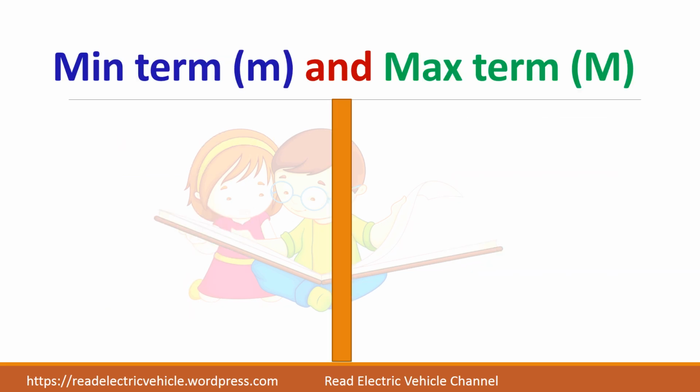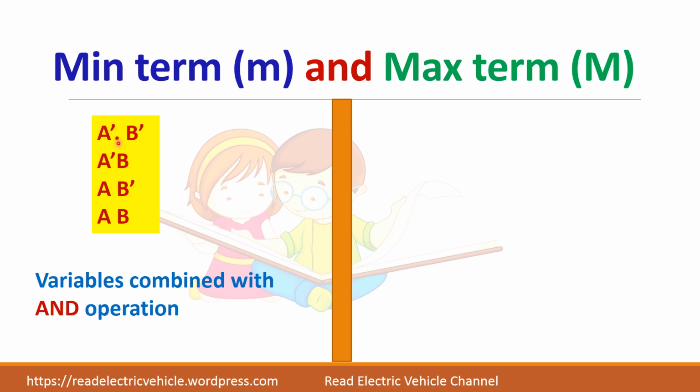Next we'll come to the important topic, minterm and maxterm. We have seen that for a 2-variable input there are 4 different combinations: A dash B dash, A dash B, A B dash and A B. Here you can note that I have used a dot product. Both are the same, whether I place a dot or not, this is a product symbol. This dot product is also called the AND operator.